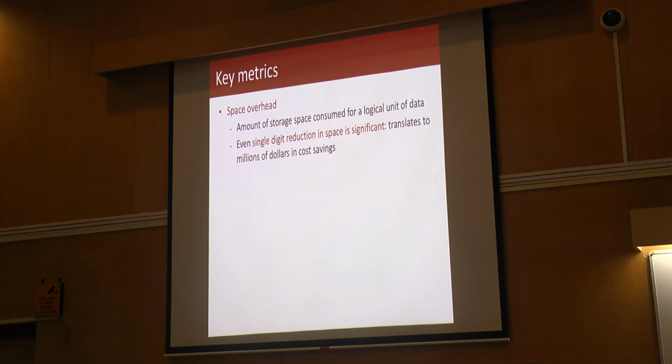In my conversations with operators and administrators of large-scale storage systems, including Google, Microsoft, Amazon, and Facebook, they tell me that even a single-digit percentage reduction in storage space, 5% or 6%, which might seem small, is significant because it translates to millions of dollars in reduction in cost. That is good news, because coding theorists have a role to play in reducing the storage space if we can maintain the same properties.